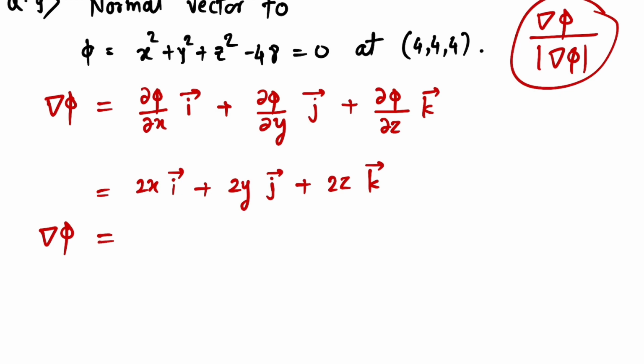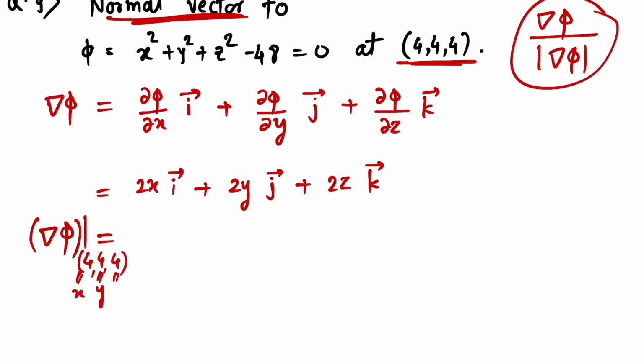Now we have to find this normal vector at this point (4, 4, 4). So just evaluate this at (4, 4, 4). That means put x is equal to 4, y is equal to 4 and z is equal to 4. So we have 8 times i plus 8 times j plus 8 times k, right?